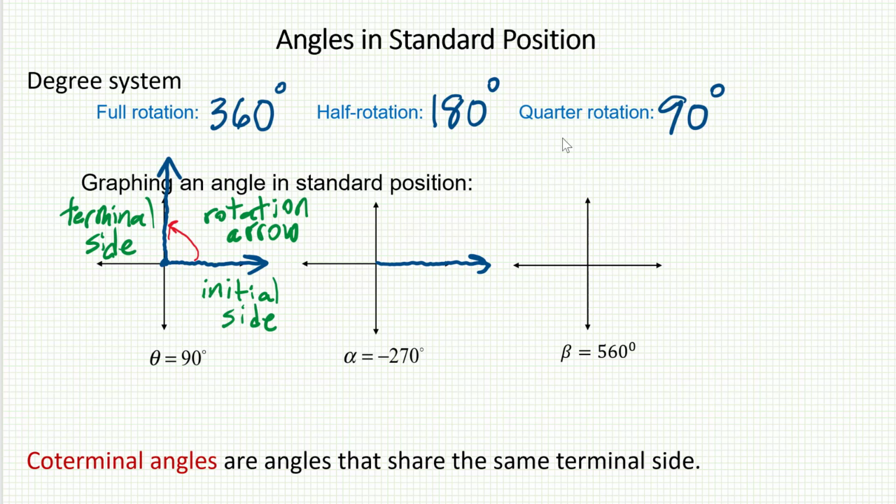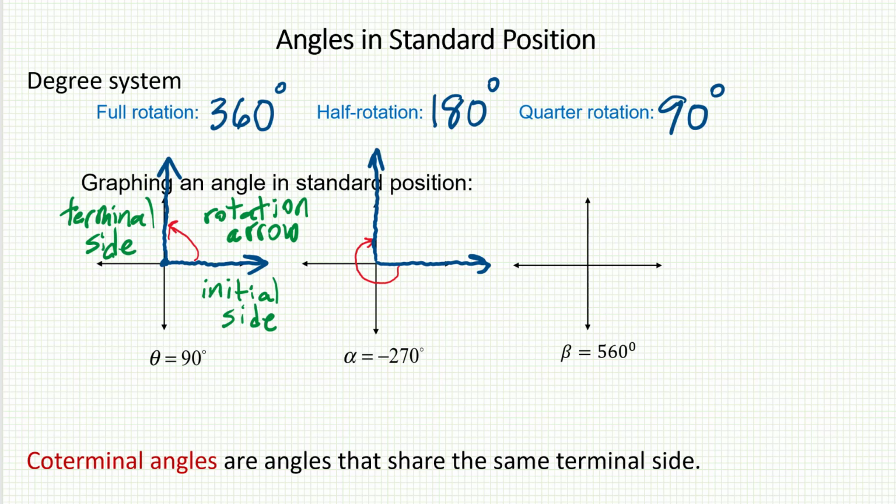This time I have a negative angle, so I'll be rotating around in a clockwise direction. 270 is a multiple of 90, so 90 degrees, here's 180, and then 270 is 90 more than 180. So my terminal side once again lies here along the positive y-axis. Here is a picture of negative 270 degrees in standard position. Again, remember, you need to have an initial side, a terminal side, and that rotation arrow.